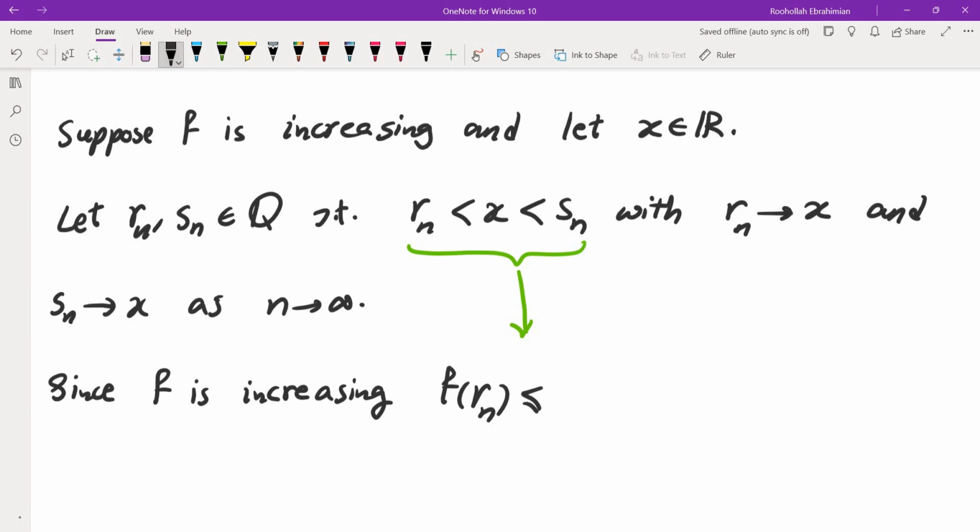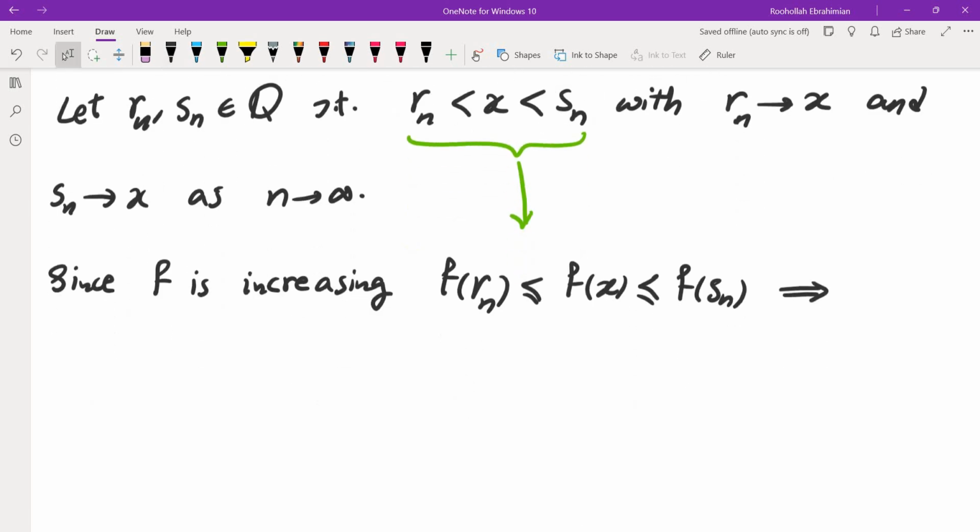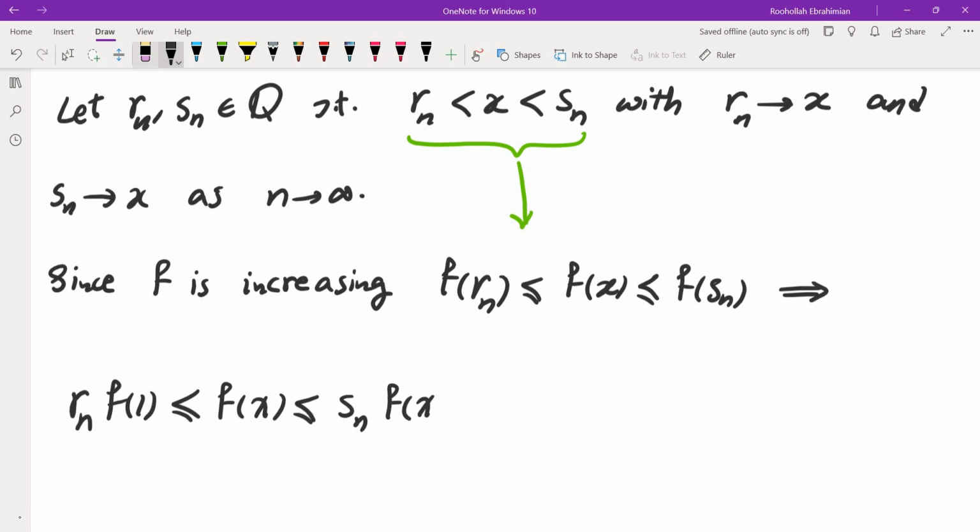and that gives me f of Rn is less than or equal to f of x less than or equal to f of Sn. Since Rn is rational, f of Rn is Rn f of 1, and f of Sn is Sn f of 1.